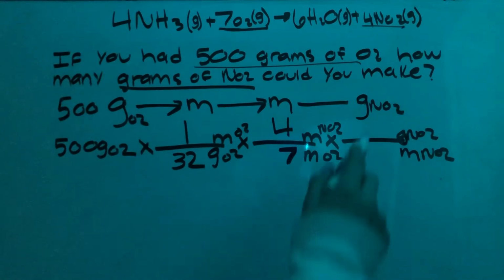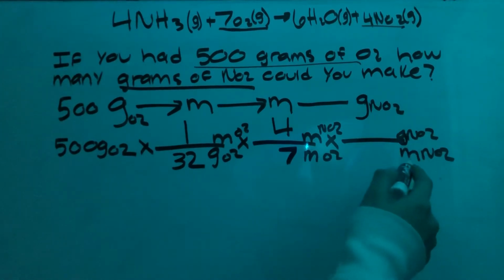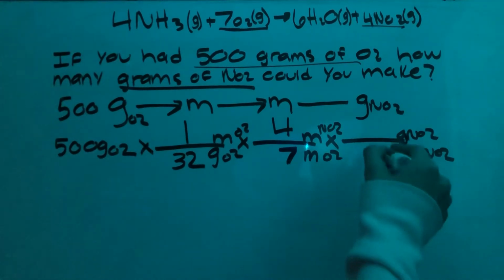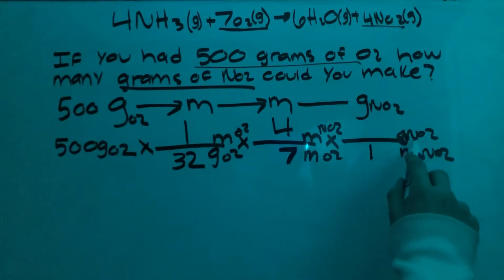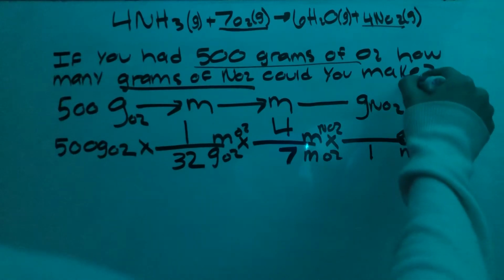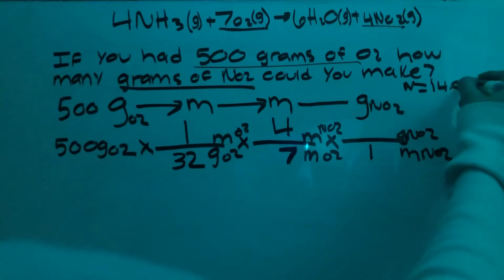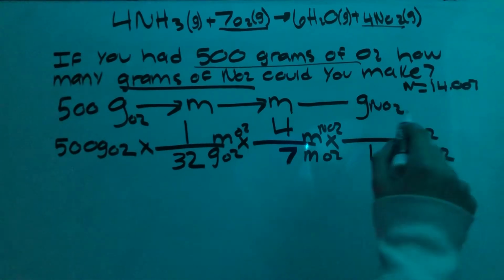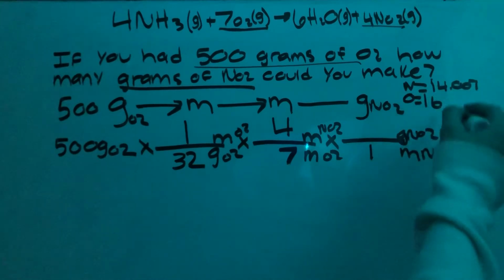And then lastly over here, you're going to be finding your grams of NO2. So also we know that this moles of NO2 is just going to be over 1. So your grams of NO2, you're going to break this up, and you can do that by separating nitrogen and oxygen. So we know that each nitrogen is equal to about 14.007, and then our oxygen is equal to about 16, and there are 2 of those.